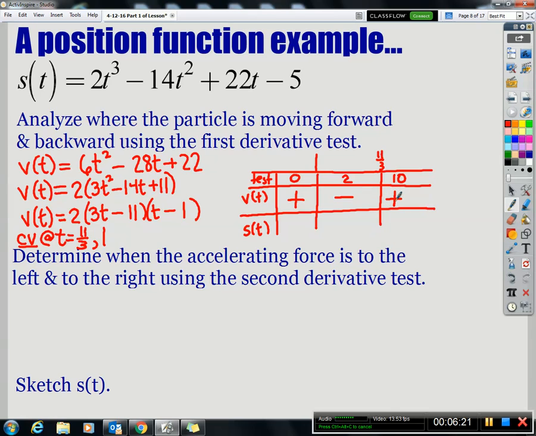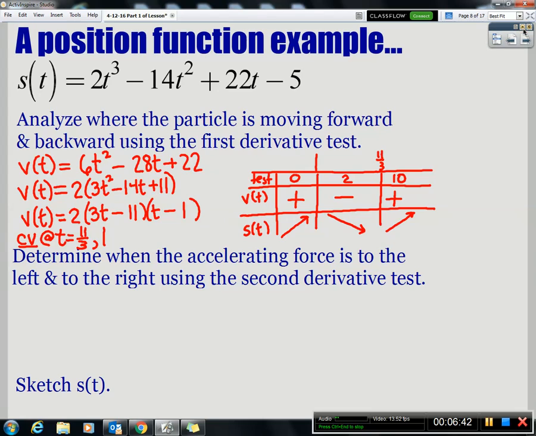So if the derivative is positive, I know the original function is increasing, the opposite for decreasing, and then back to increasing. So I can interpret from the t-chart that on the intervals from 0 to 1, I'm assuming 0, of course, and then 11/3 to infinity, the position function is increasing, which means the particle's moving in the forward direction.